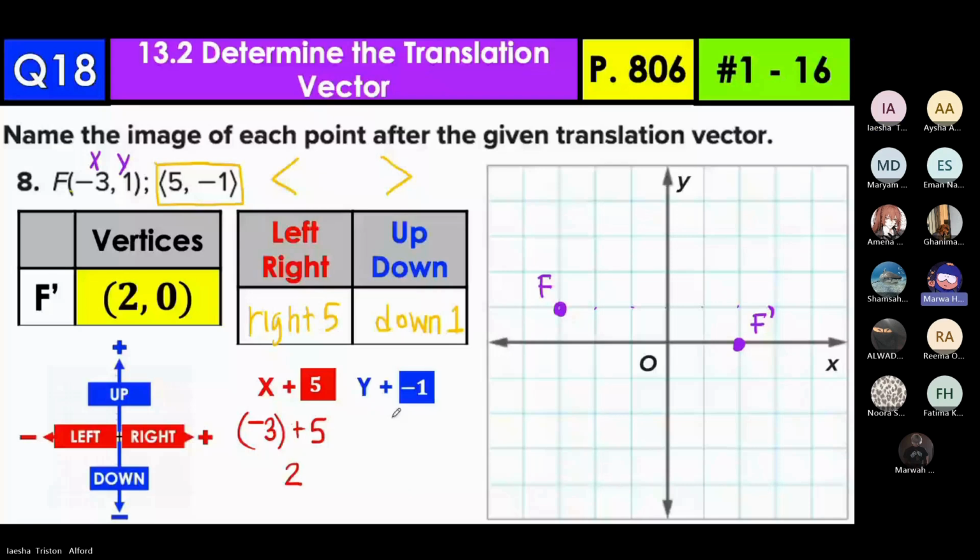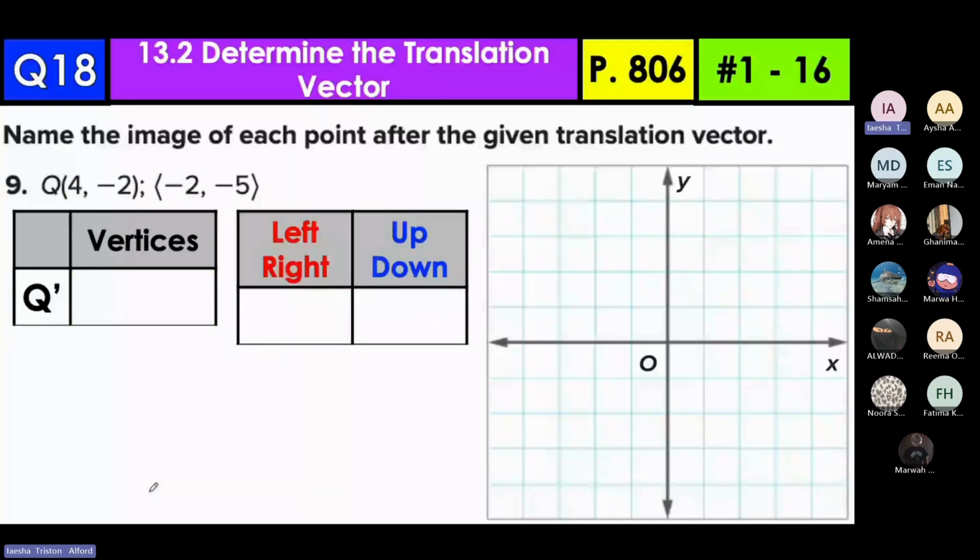Positive 1, plus -1, gives you what? 0. Okay. The same answer, yes or no? Same answer. So it's up to you how you want to do it, but I'm trying to show you a shortcut. So let's try again. Here, name the image of each point after the given translation vector. So where is Q?